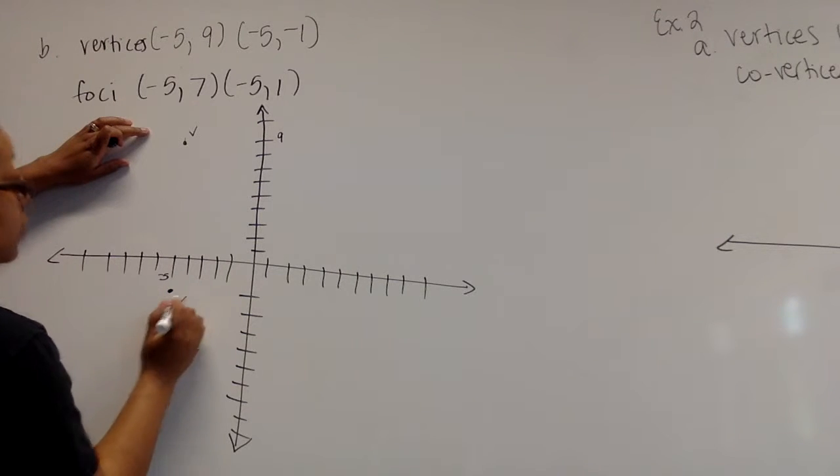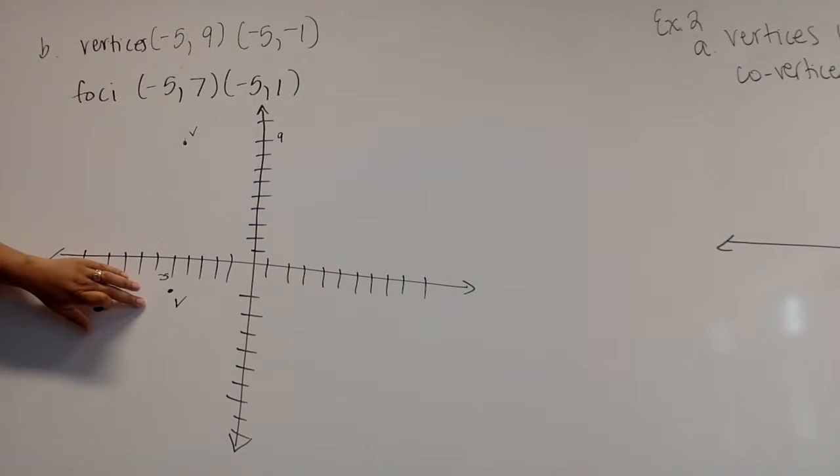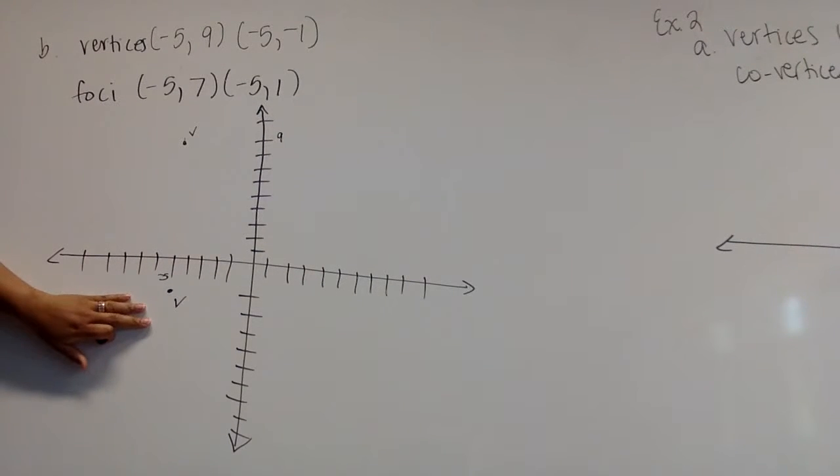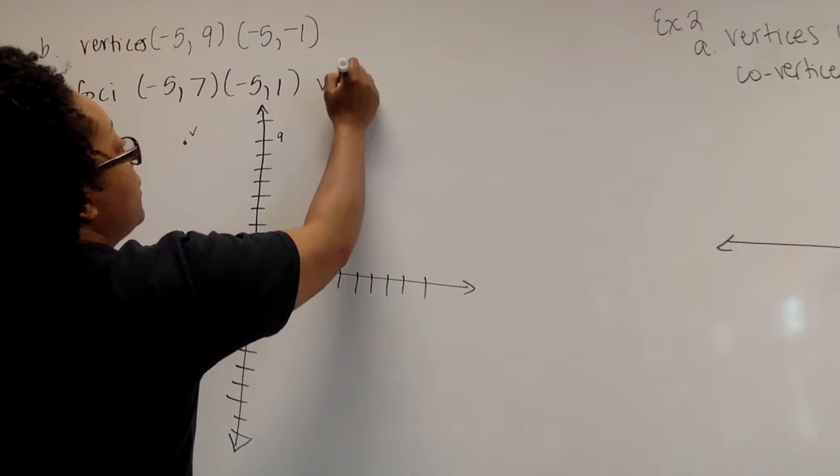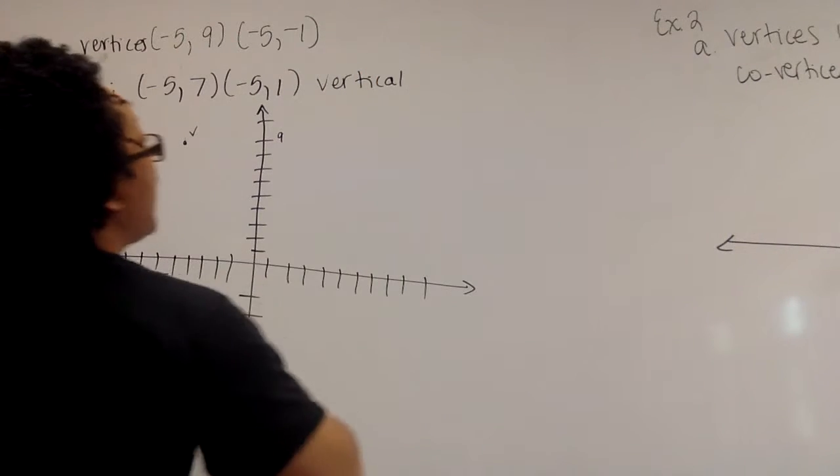There's my -1, all right? So there's my vertices. Now again, I can tell just by seeing these 2 points, the way that they're positioned, this is a vertical ellipse, okay? The direction of your vertices will tell you the direction of your ellipse. So since these are lined up vertically, y'all, that's going to be a vertical ellipse, okay?